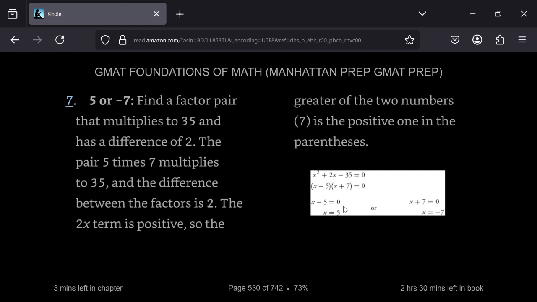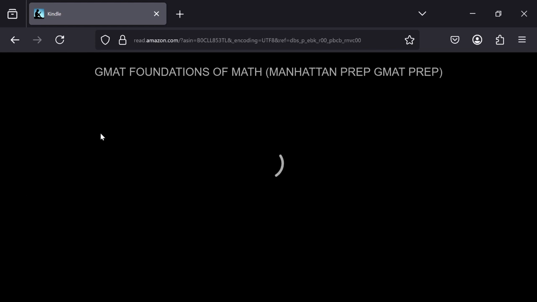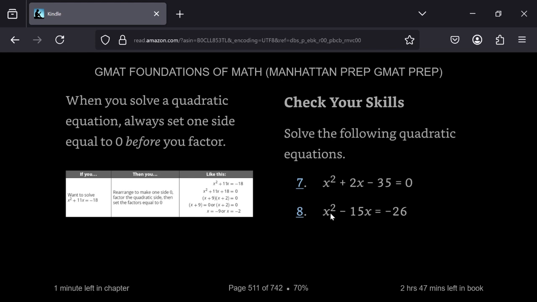X minus 5 equals 0, which is 5. Okay? X plus 7 equals 0, which is x is equal to -7. Next, the number 8 gives us x squared minus 15x is equal to -26.